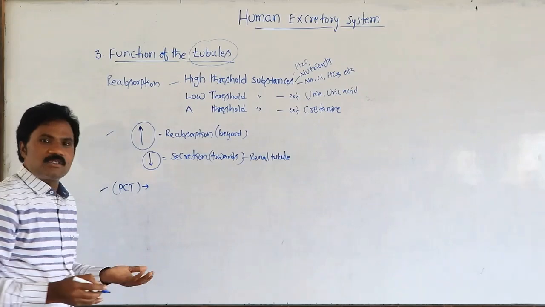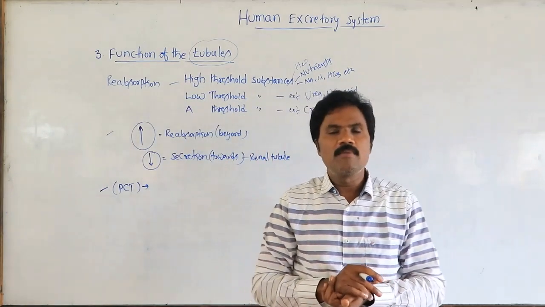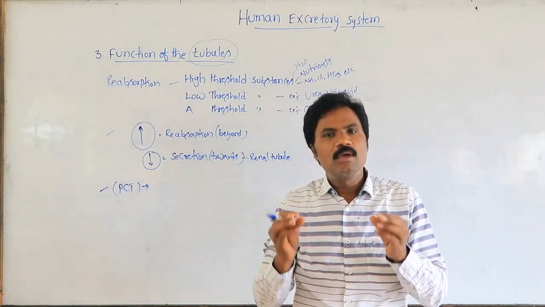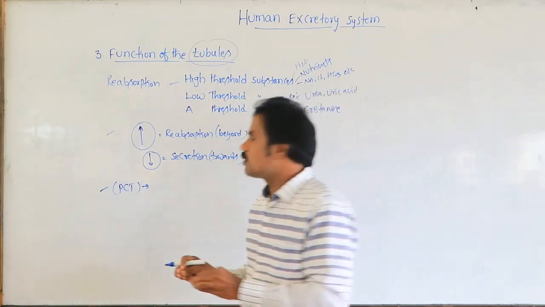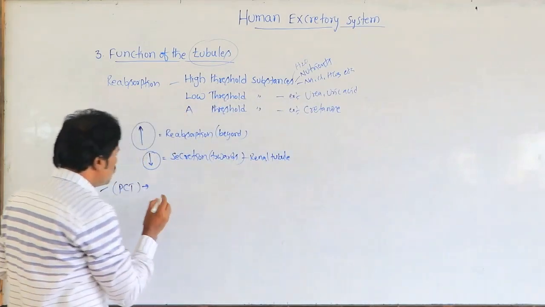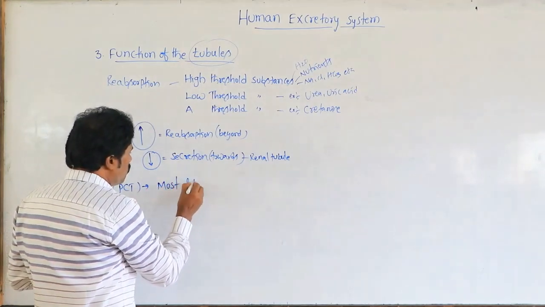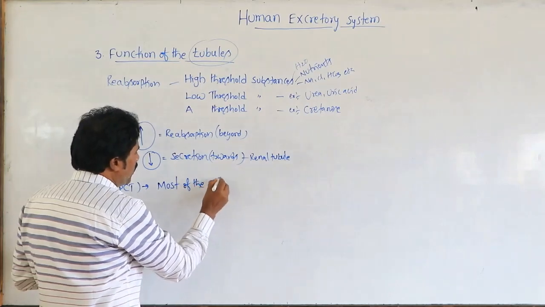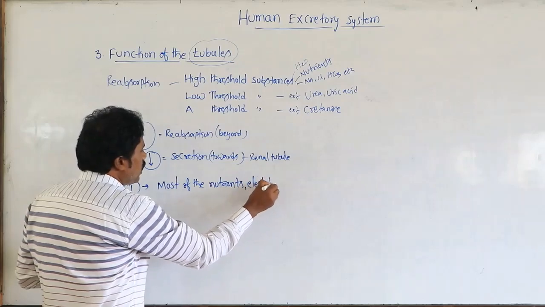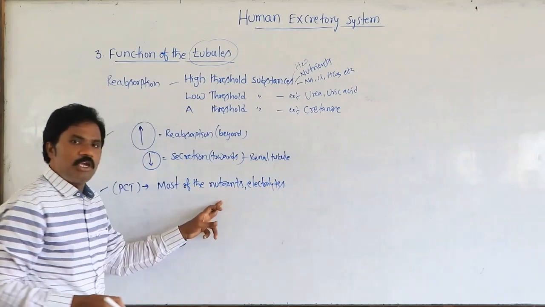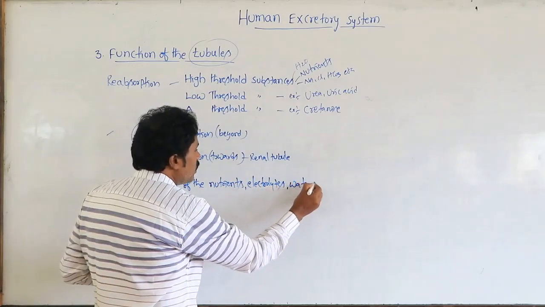Almost all the required substances are reabsorbed here. Most of the nutrients, electrolytes, and water are reabsorbed through the proximal convoluted tubule.